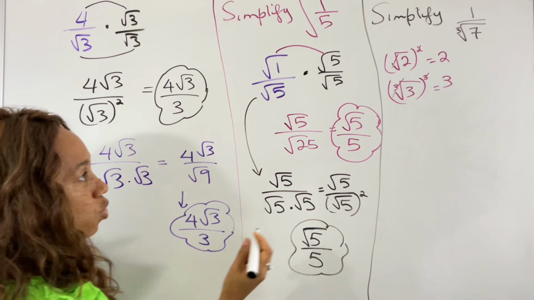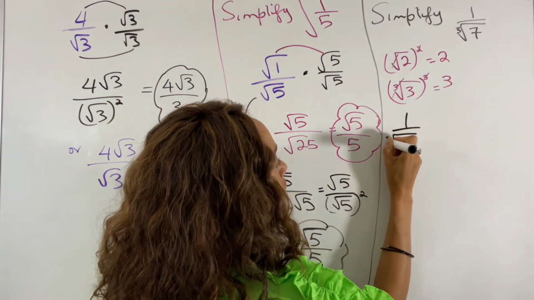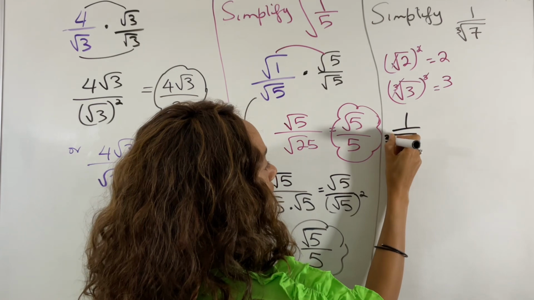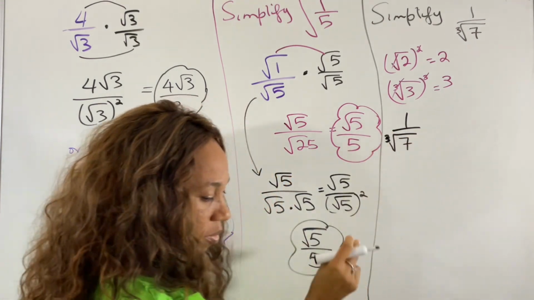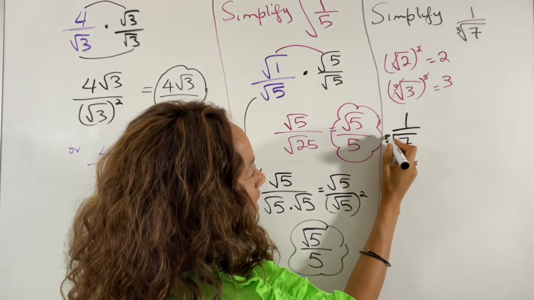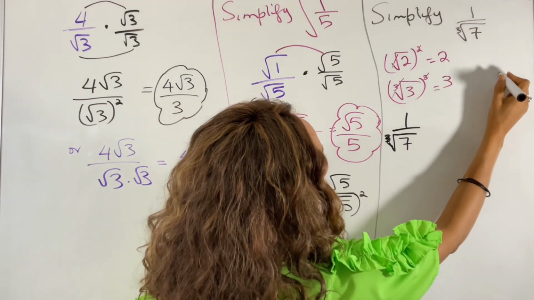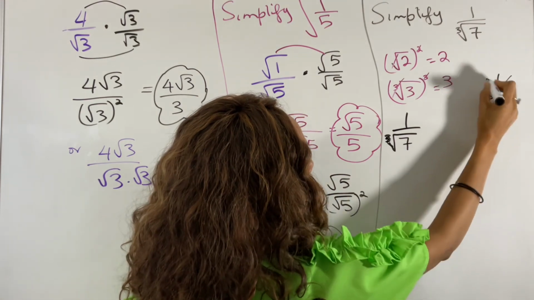So what you're going to do now, you have 1 over the cube root of 7. Make sure it is written in here and you're not writing it as 1 over 3 radical 7. No, this is wrong.